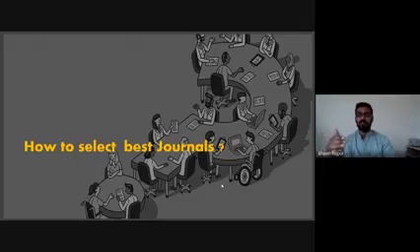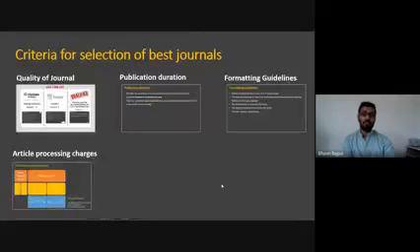I think this step is very useful for the students attending, and for the teachers and research scholars also. There are four important criteria to select a journal: the quality of the journal, publication duration, formatting guidelines, and article processing charges. So let us see in detail.